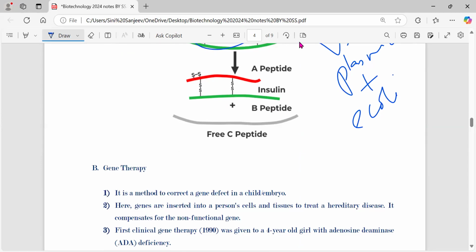Okay. Then the second thing which you have is gene therapy. So what is gene therapy? Usually gene therapy is a very good technique to correct a genetic defect. But when the child is in embryo form, it works better.